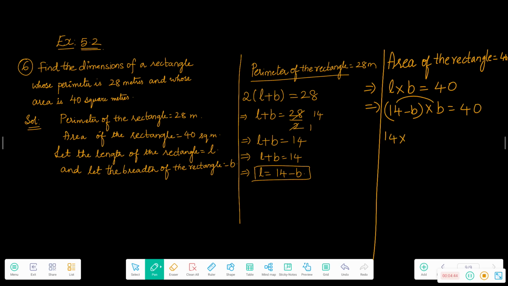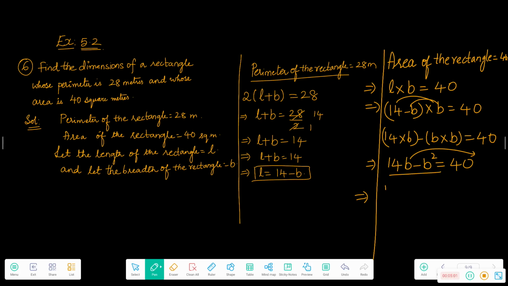So 14 into B minus B into B is equal to 40, that is 14B minus B square is equal to 40. Now I am going to shift all these terms to the right side. So B square minus 14B plus 40 is equal to 0.